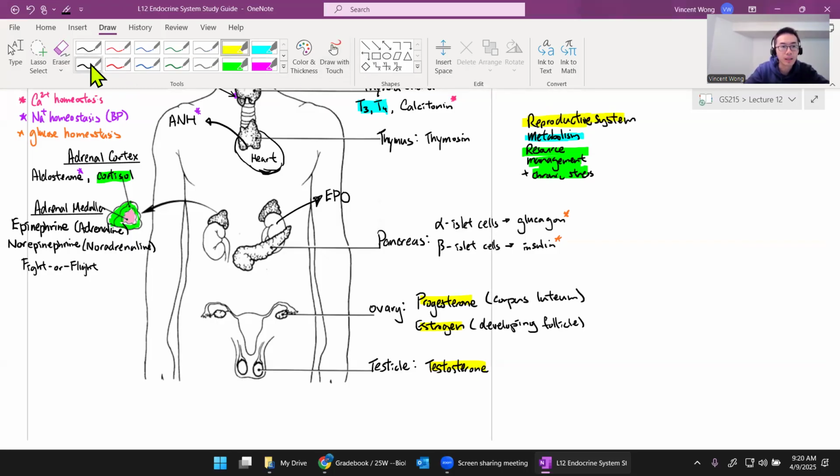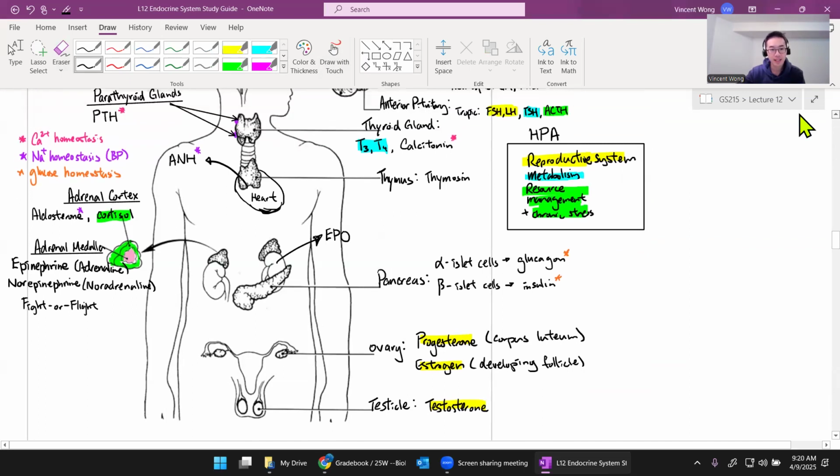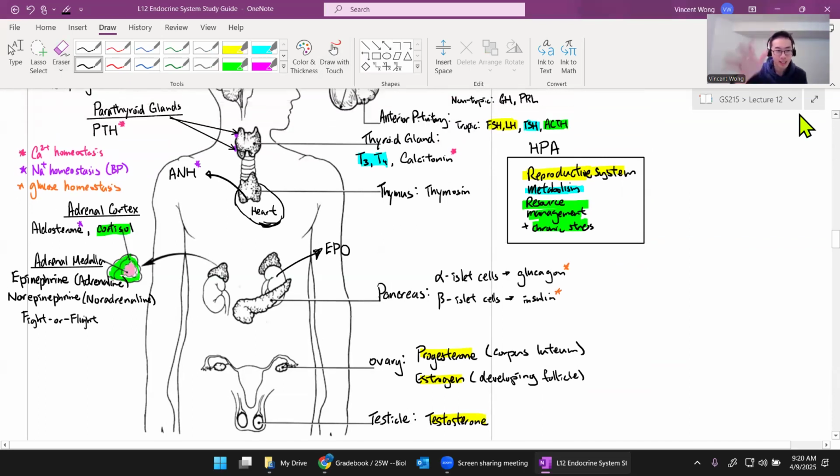Okay, and what do we call these things? These are hypothalamic pituitary axes. Okay. This is the master study sheet for this unit.